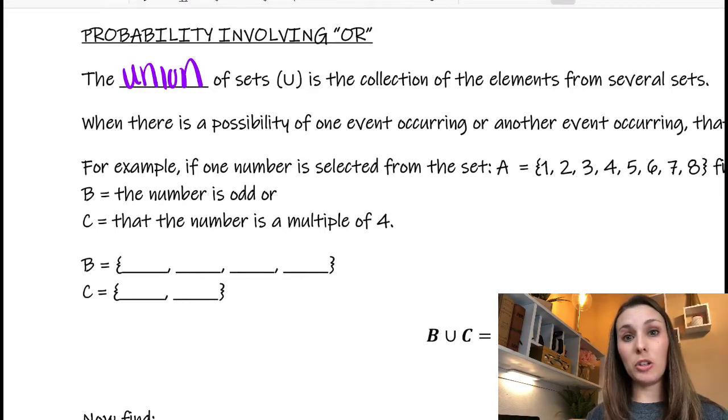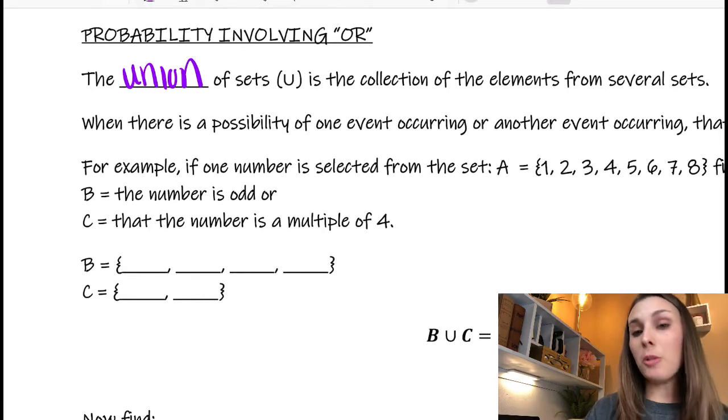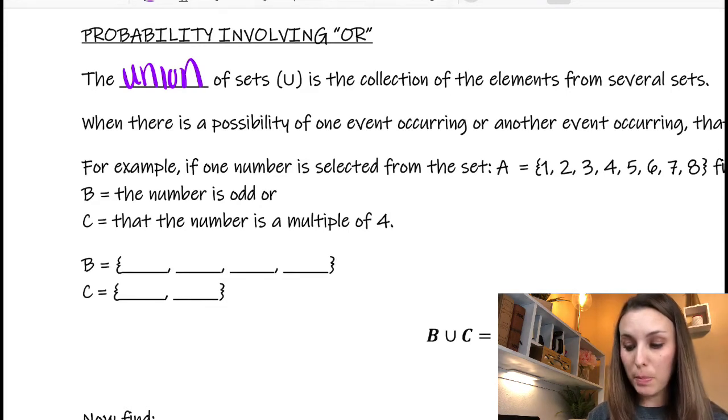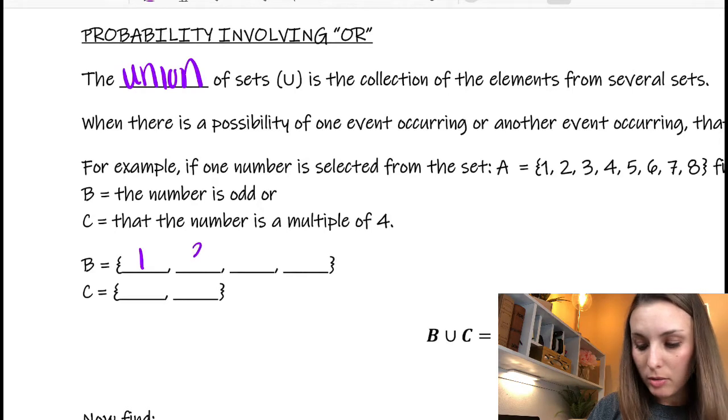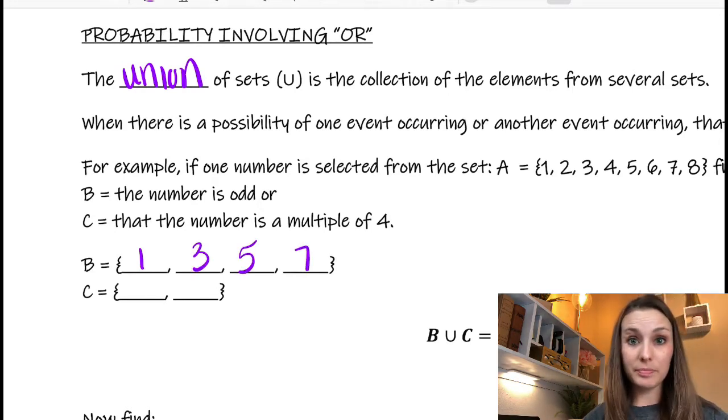Like I said earlier, I can show you the mechanics of this, but I want you to understand why the mechanics work. If I look at just event B and write the elements in that set, event B is the number is odd. So let's write the numbers that are odd from set A: 1, 3, 5, and 7.